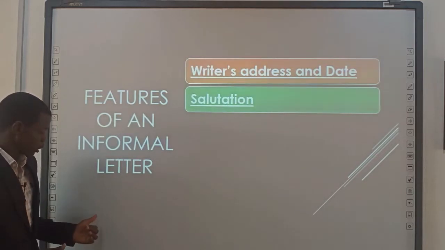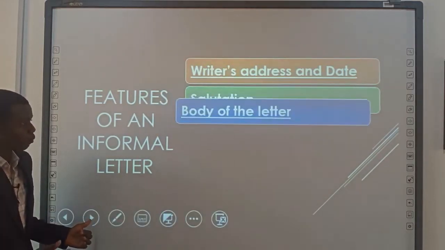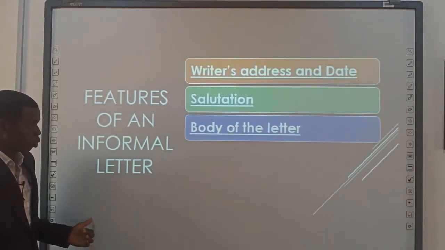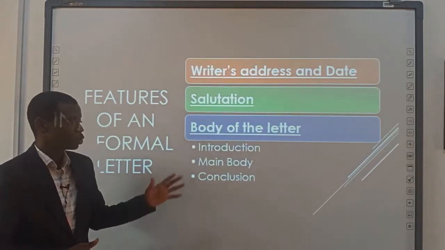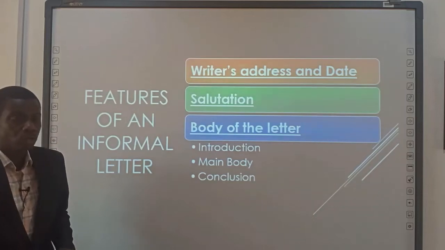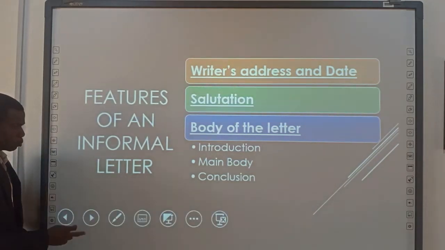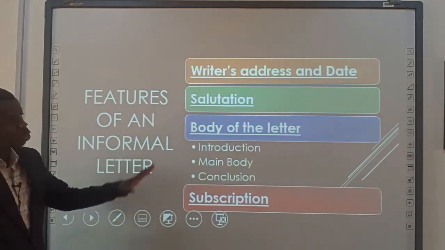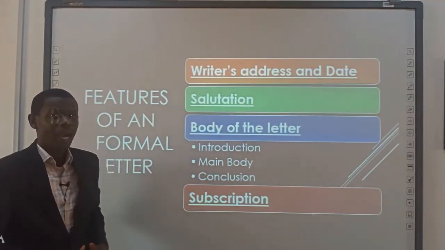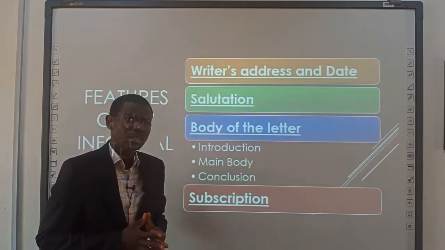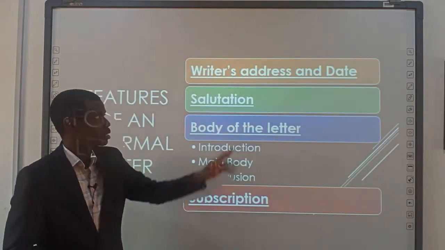We're going to be talking about what salutation is. Quickly, we have the body of the letter. Inside the body, we have introduction, the main body, and conclusion, and we then have subscription. So all this will be looked at one by one practically. So let's look at how we are supposed to write the writer's address and date.